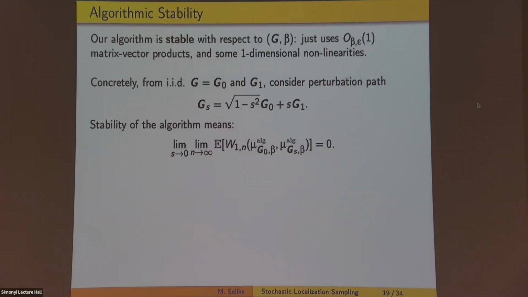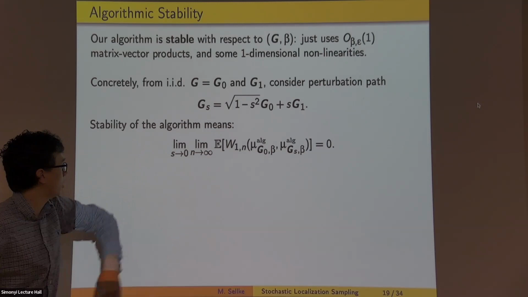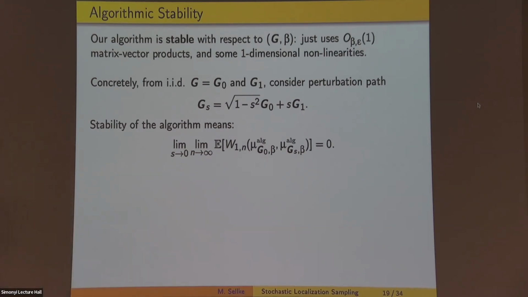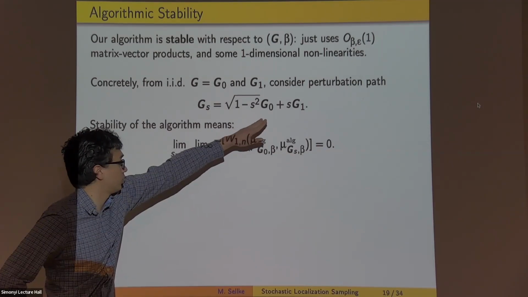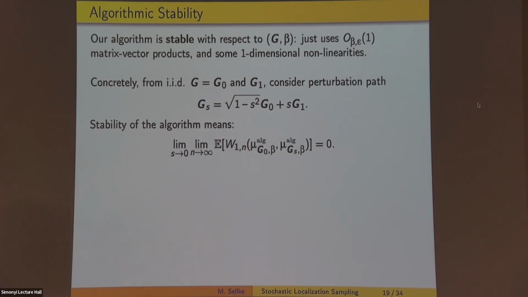One way to say this more precisely is to take a small perturbation G_S of my coupling matrix. I'm going to construct G_S as an interpolation between two independent copies G0 and G1. If S is very small, then G_S is a very small perturbation of G0.